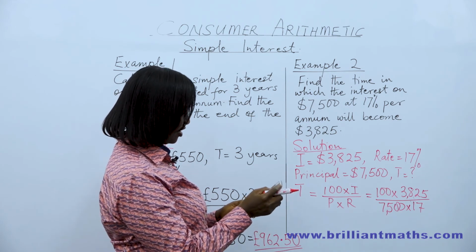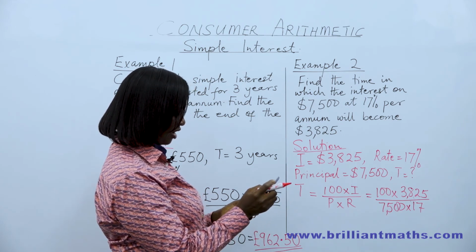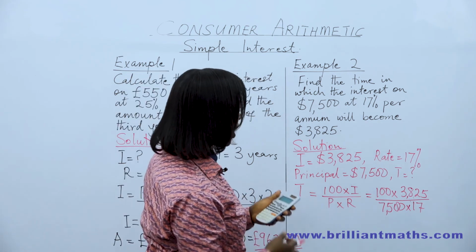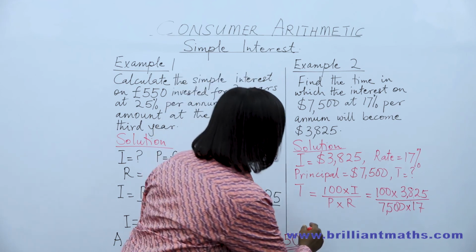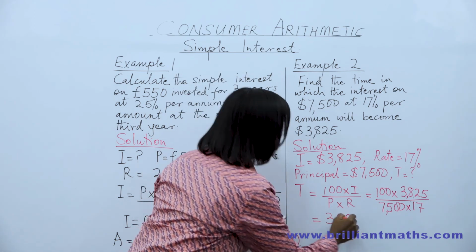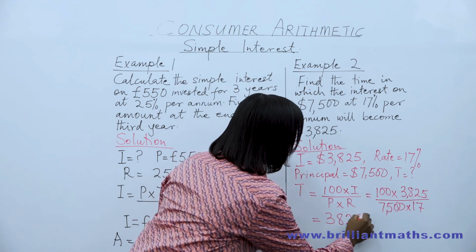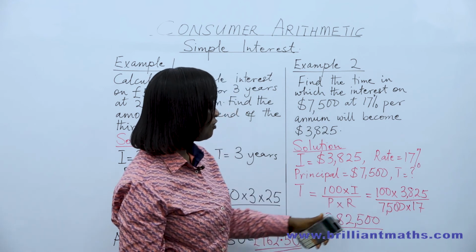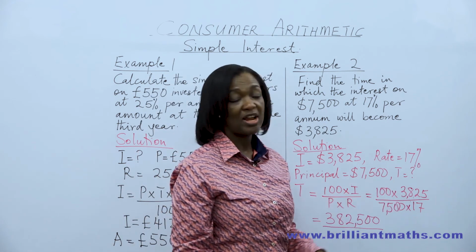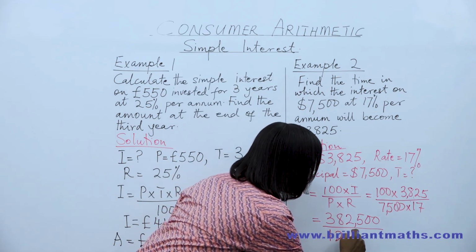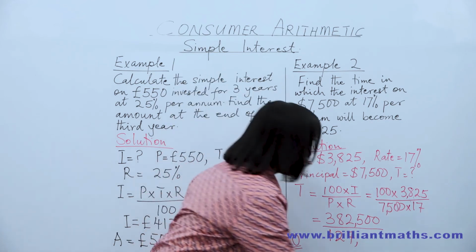So 100 times 3,825, you'll get 382,500. And you divide by the product of 7,500 and 17, and you will get 127,500.